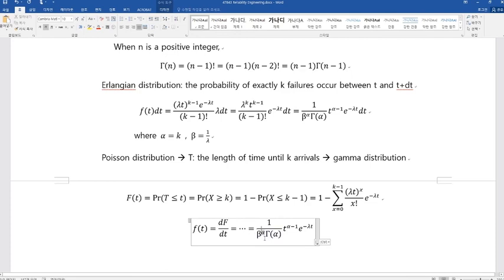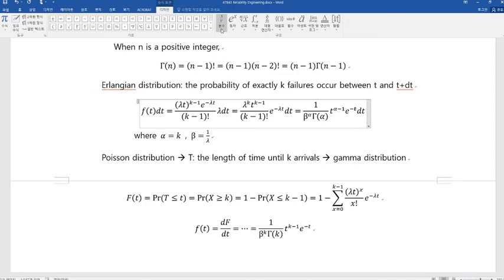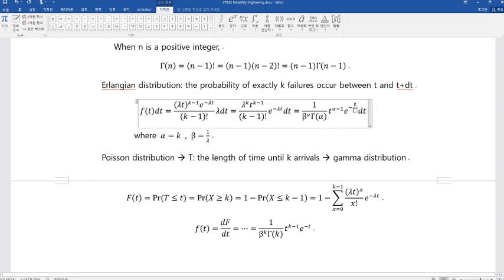So the difference is that, of course, here we use the factorial of k, t to the power k minus 1, exponential minus not lambda t. Because we already introduced this here, we also need to change this to t over lambda.